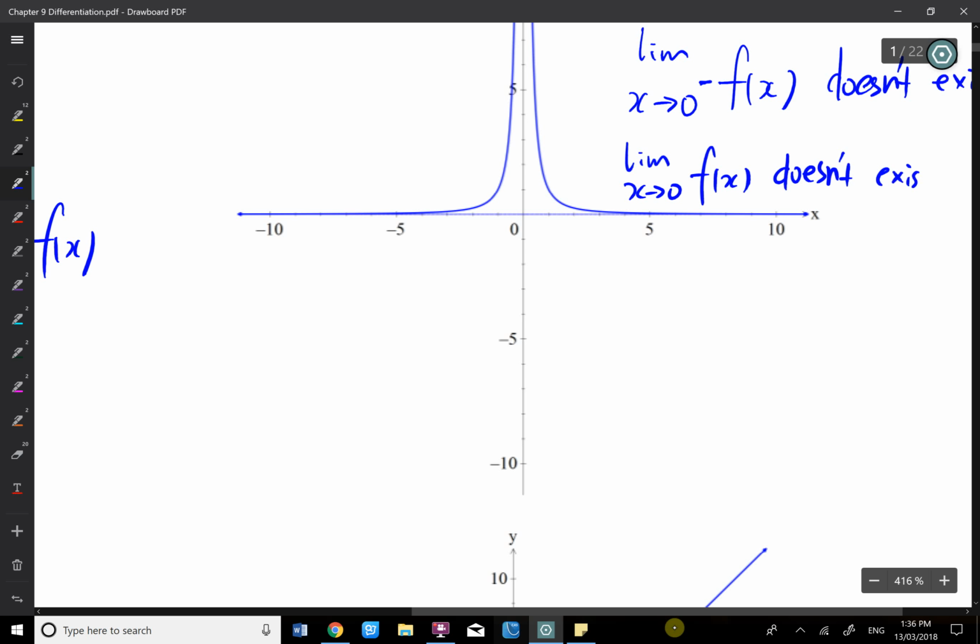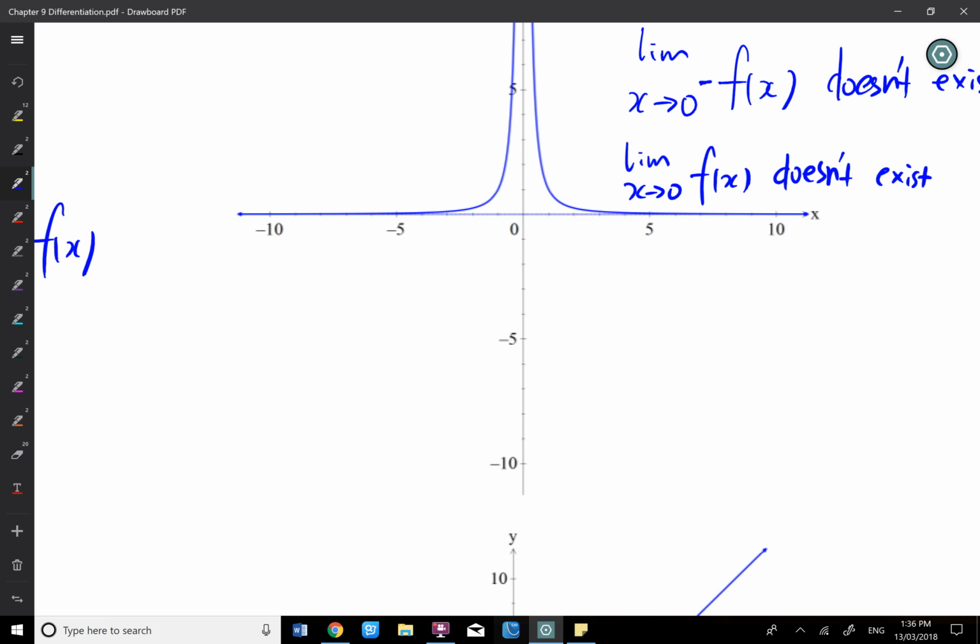Whether the other side exists or not doesn't matter, the limit just can't exist. Because both sides need to exist and they need to be equal, then we can say the limit exists. But one side already doesn't exist, so the other side doesn't matter.